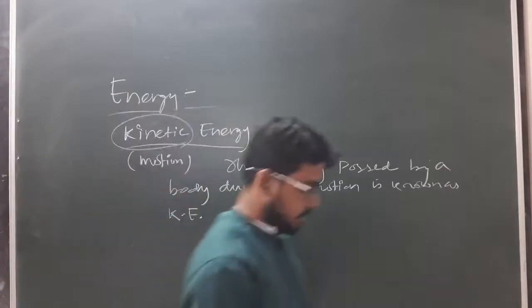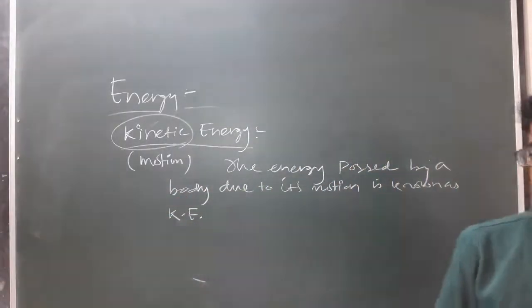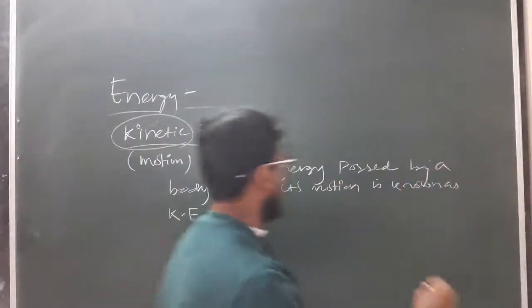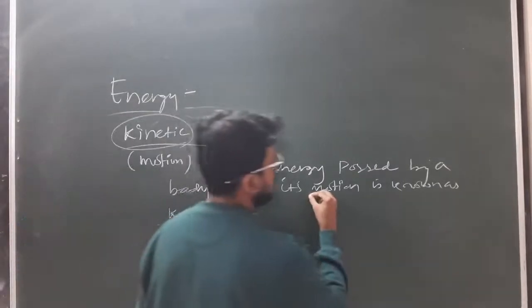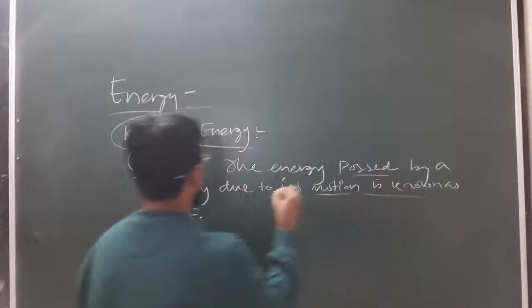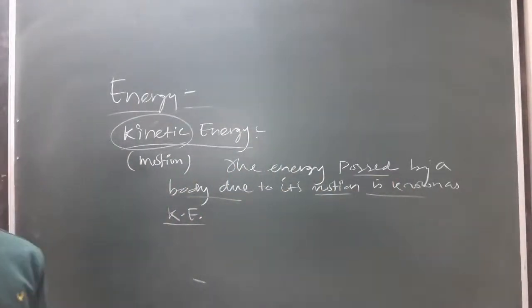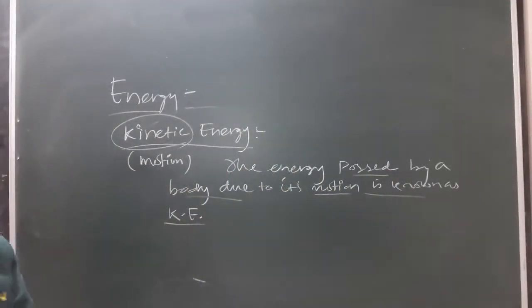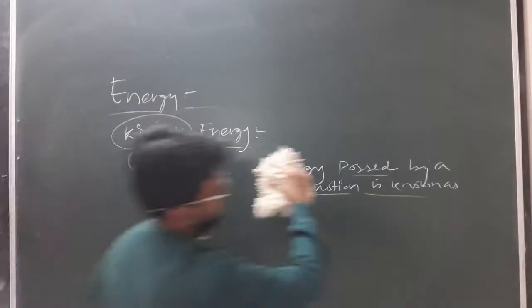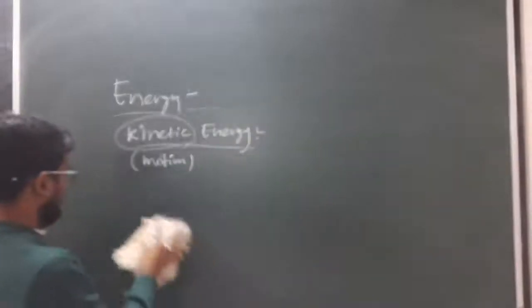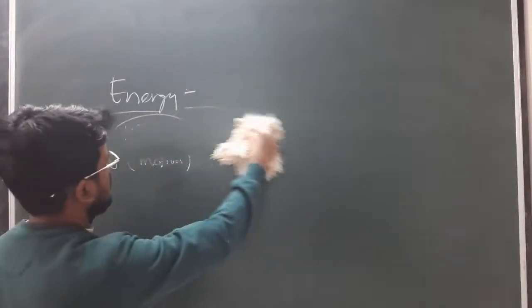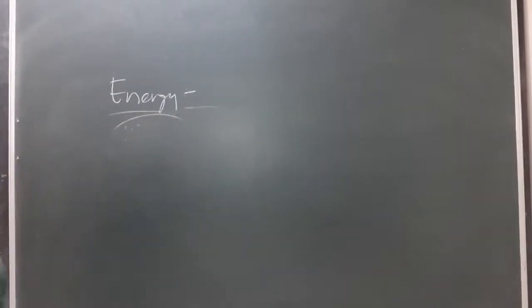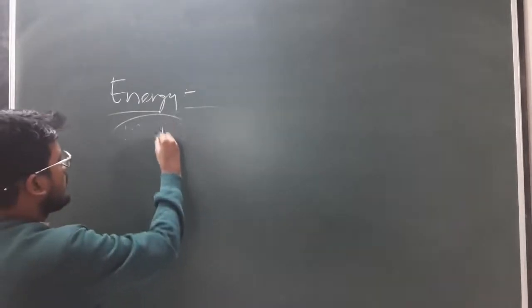Okay, the energy possessed by a body due to its motion is known as kinetic energy. Clear? When a body is in motion, it has certain energy, and that energy is known as what? Kinetic energy. Clear? Next, what is potential energy?